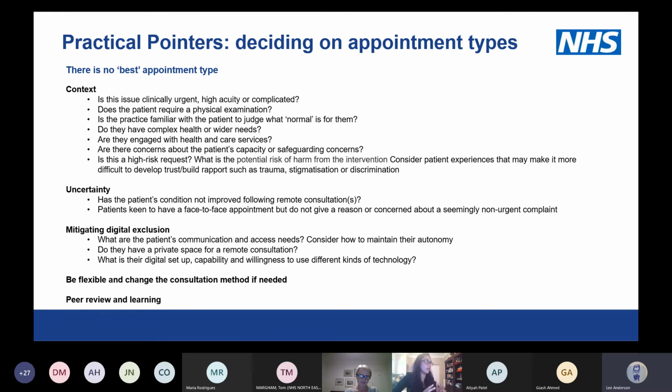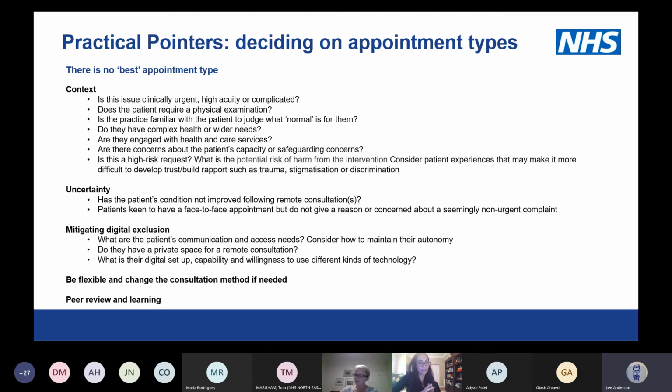And the key thing is that in addition to the reason for the consultation, it's important to identify contextual factors, things like people's access needs, privacy needs, their digital setup at home, and also being mindful that you can change the consultation modality. So if you are uncertain, be flexible and change.